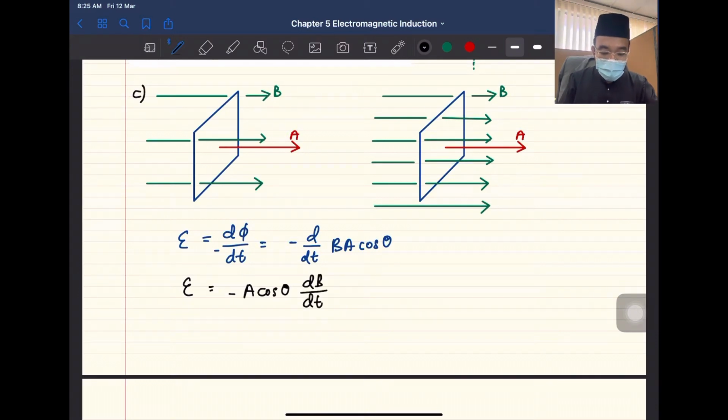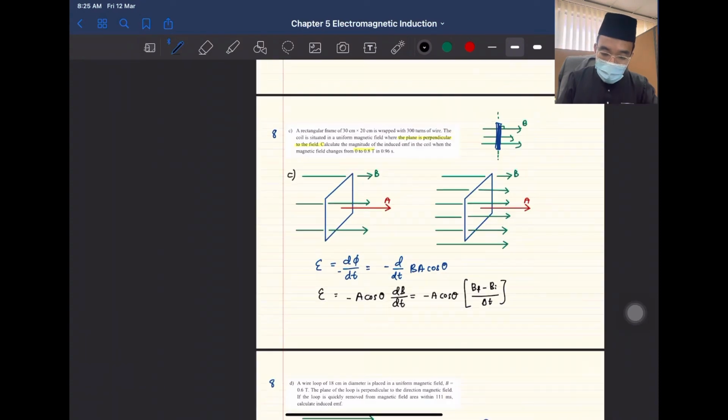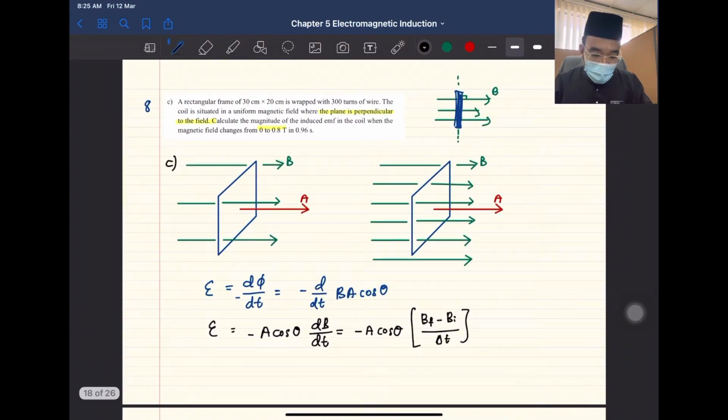So you are left with this, which is actually B final minus B initial. So it will be negative A cos theta, B final minus B initial, over change of time. Okay, it doesn't fit, so I'm going to write it over here.